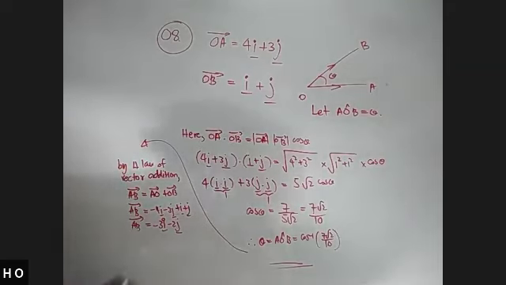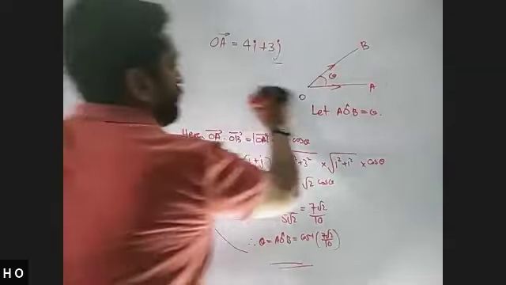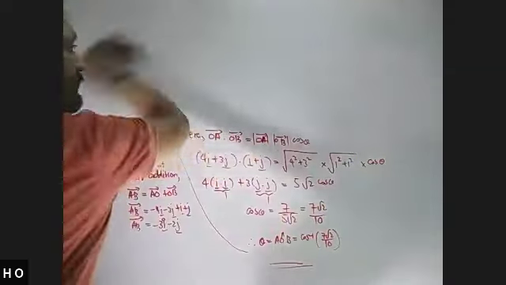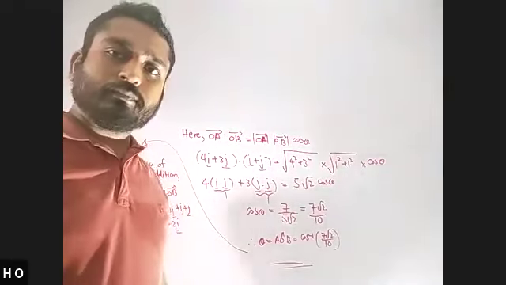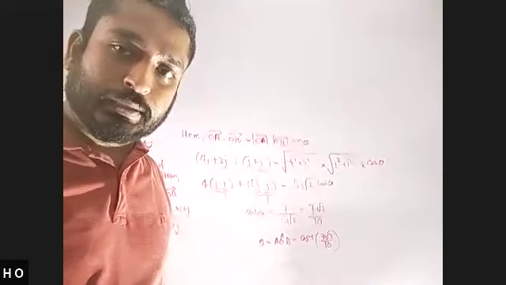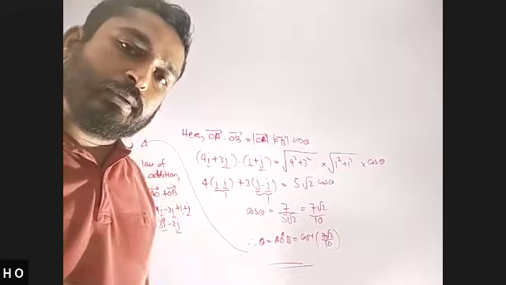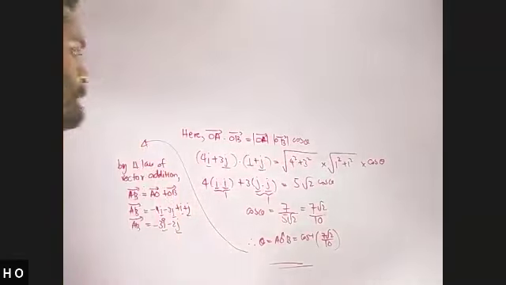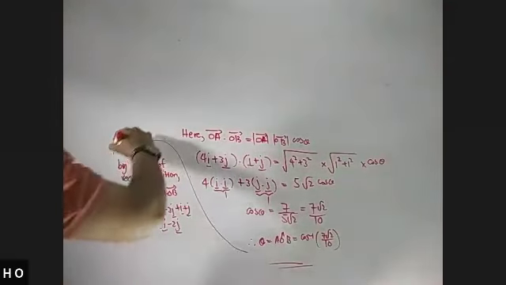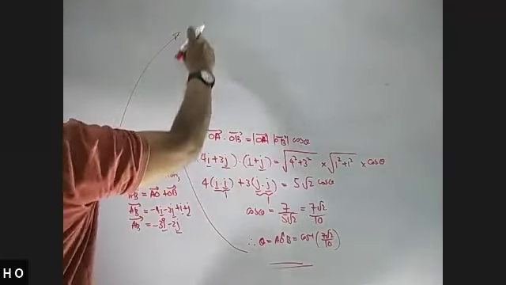That is AB. Now let us do the dot product of AB and OC, because you need to show that they are perpendicular. So I want to use the dot product to say that OC and AB are perpendicular.